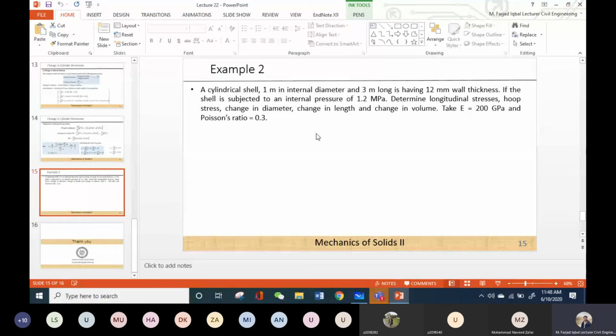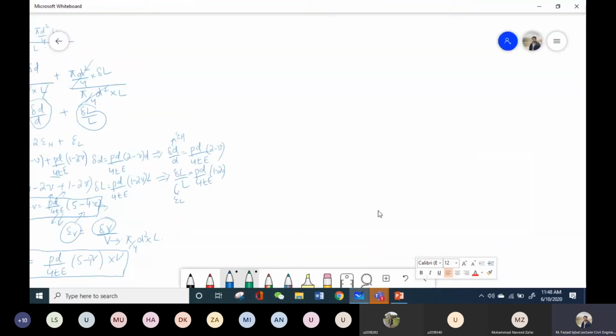I have been given the pressure as 1.2 megapascal, the internal diameter as 1 meter or equal to 1000 millimeter, and the thickness as 12 millimeter.